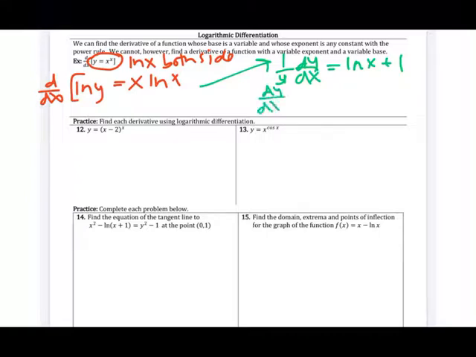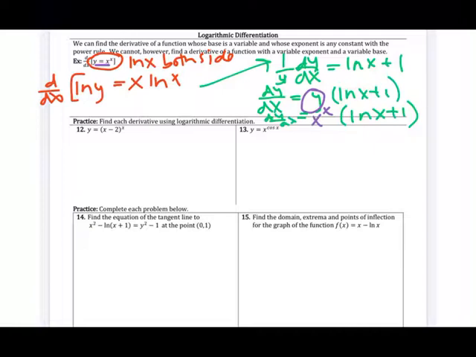So dy dx equals y times natural log of x plus 1. Except typically we're going to want this in terms of one variable, but we know what y is equal to. Y is equal to x to the power of x, so I can just change this to be x to the power of x. So dy dx equals x to the power of x times natural log of x plus 1.